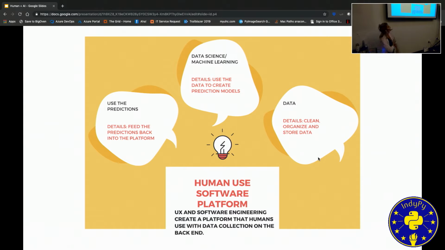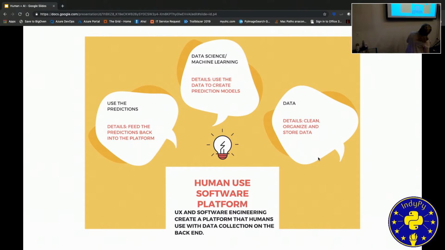Okay. So this is just kind of another illustration of how this workflow goes. So you've got the human here using a computer with a software program on it. It's been designed by the UX and the software engineering team. As the person uses the system, you've got the data coming out on the back end and going into data storage, where the data is cleaned and organized and stored in a usable format.